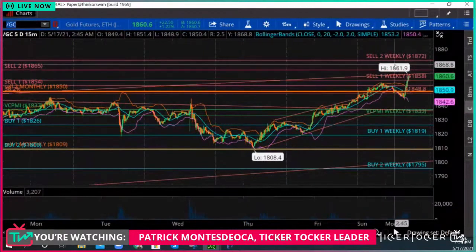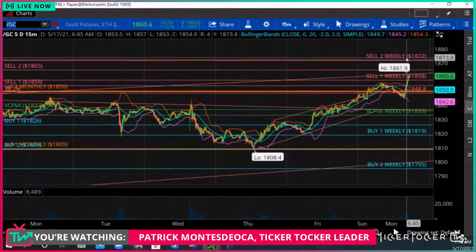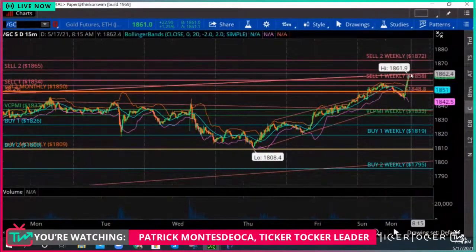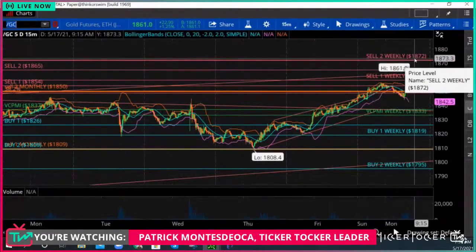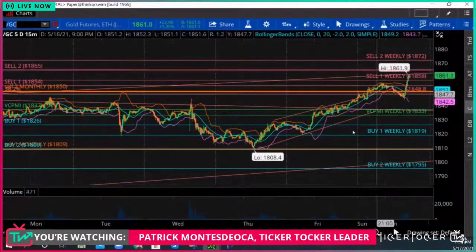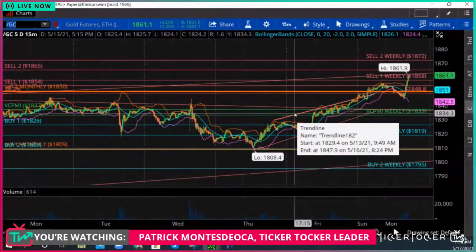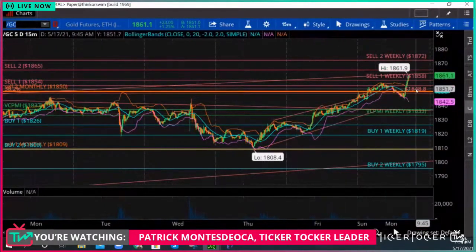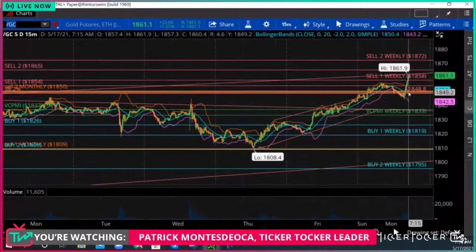At these levels, the higher they go into these targets, the bigger the reversion is going to be. That's pretty much what the extension is.